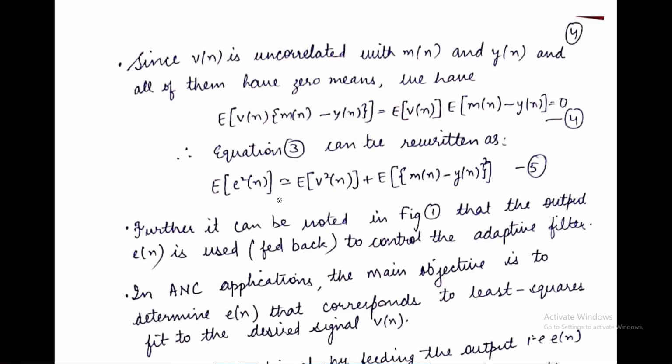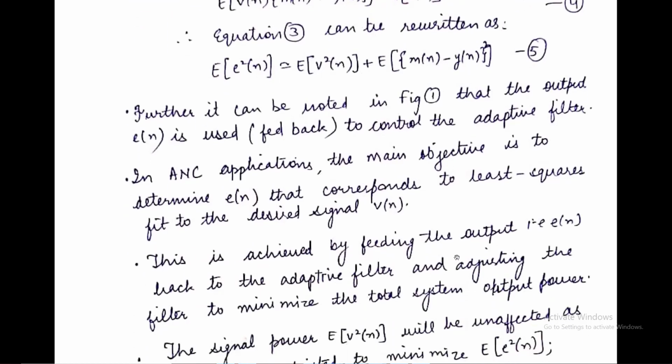Now further, it can be noted in figure 1, as we have seen, that the output En is fed back to control the adaptive filter. That we already saw in the figure. Now in adaptive noise canceller applications, the main objective is to determine En that corresponds to a least square fit to the desired signal Vn.